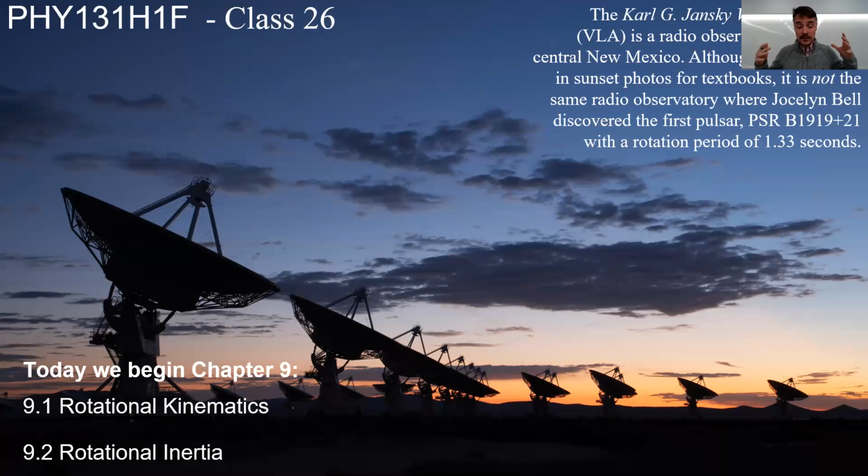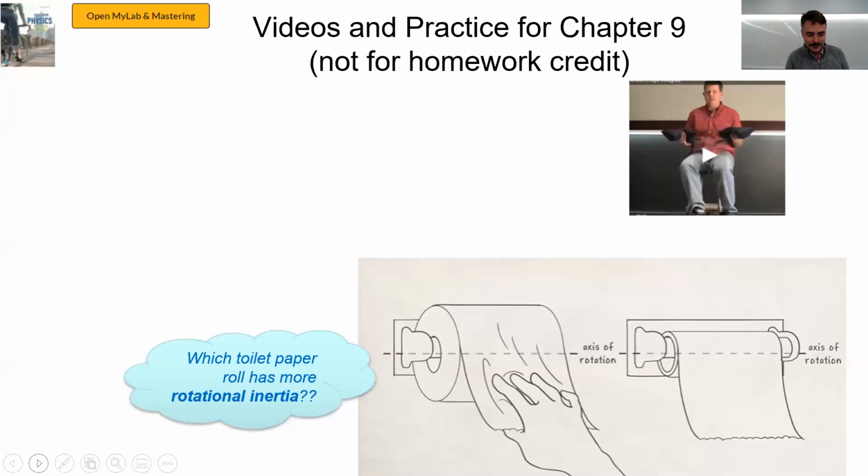So we're talking about rotating rigid bodies here, rotational kinematics, rotational inertia. A neutron star that's rotating very, very quickly and sending out radio pulses is called a pulsar. These were discovered, actually not with the VLA, by Jocelyn Bell in Cambridge with her own radio telescope that they have at Cambridge. I'm from an astronomy background, so I thought I'd clear that up.